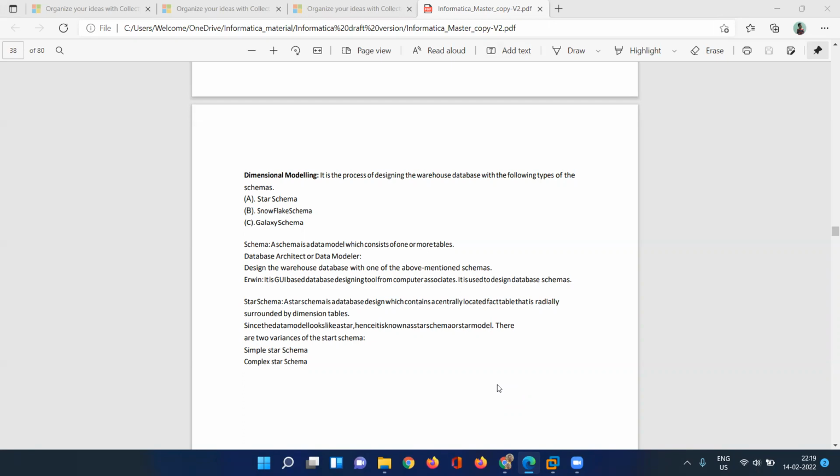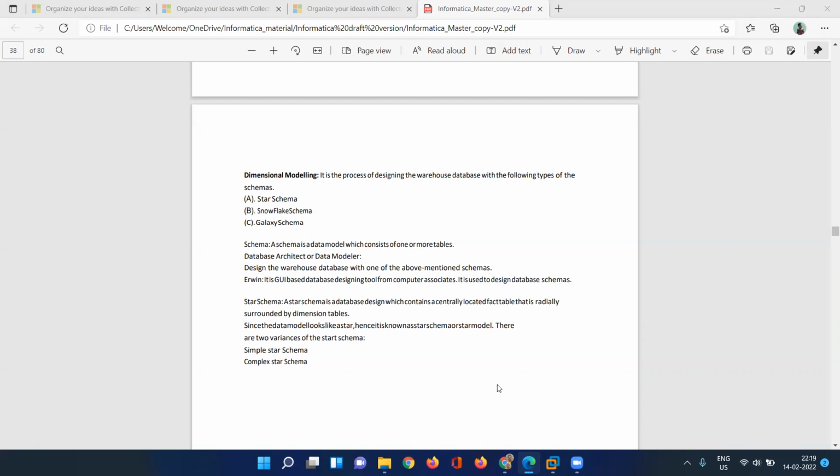Before that, what are the types we have in dimensional modeling? Dimensional modeling has three types of schemas available: star schema, snowflake schema, and galaxy schema. Then what is dimensional modeling actually?